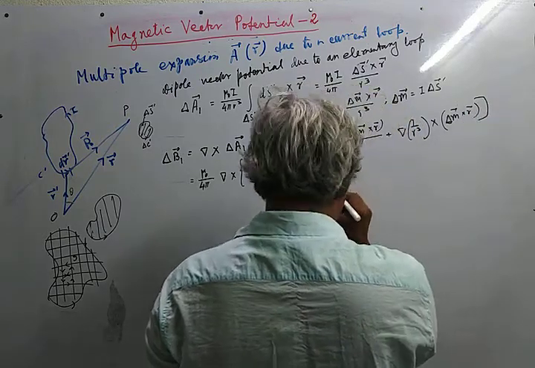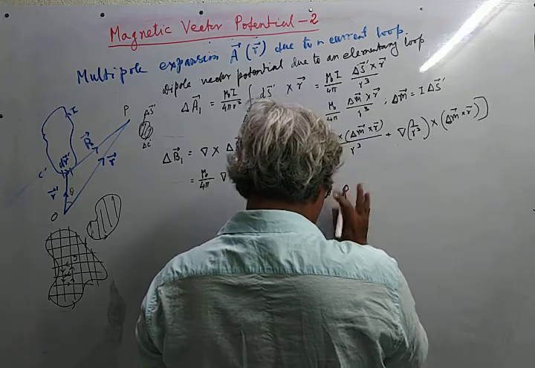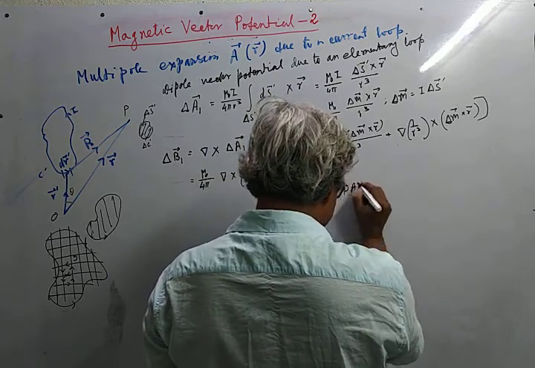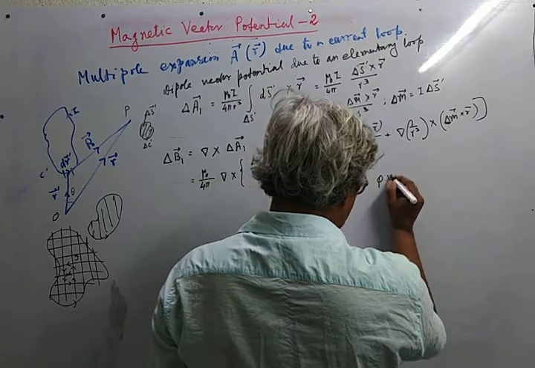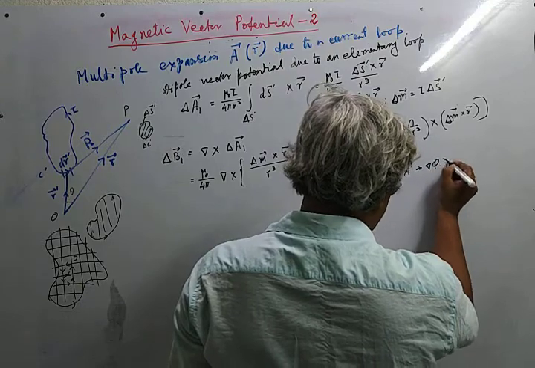Here we have used the identity that curl of phi A is equal to phi times curl A plus grad phi cross A.